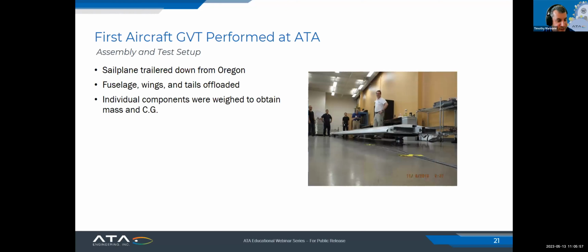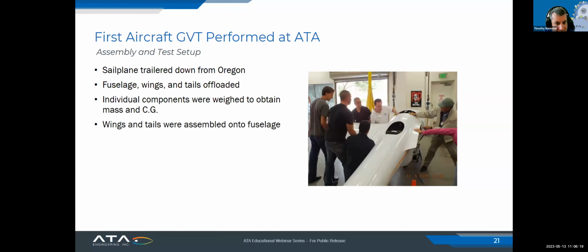The first thing we did, obviously, was to get mass and CG. We weighed all the major components to make sure we understood if the as-built masses were like the drawings. From there, we assembled it onto the fuselage.